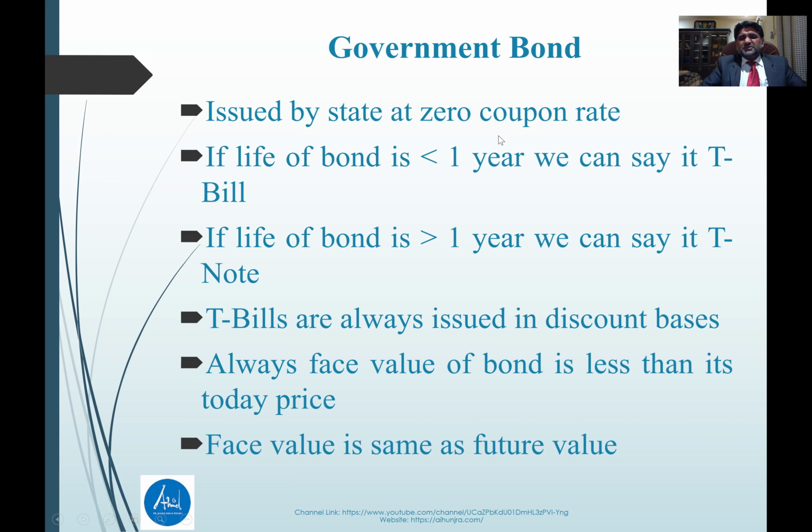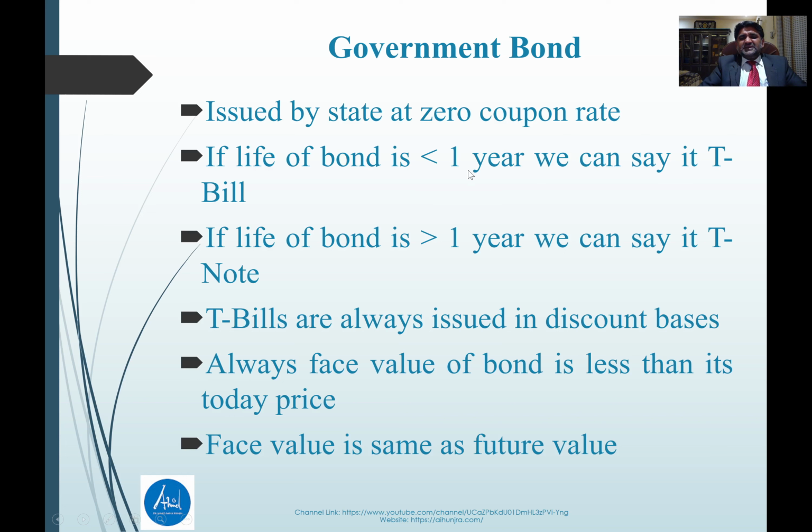Suppose the face value of the bond is $100, and in the market its price is 90. The difference between 100 and 90 is $10. That is the profit. That is the attraction for the investor.